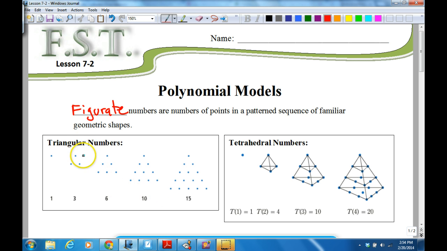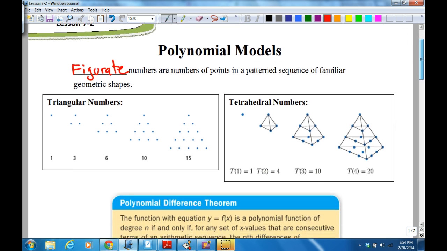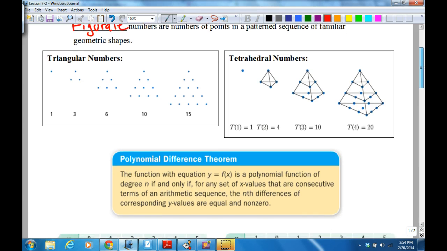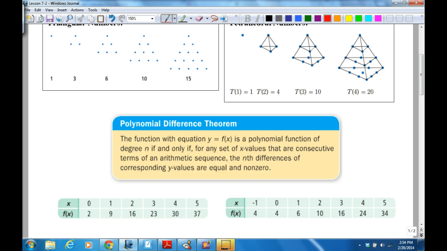Triangle. Thus they're called triangular numbers. Okay, this one is tetrahedral because it has 4. It's like a pyramid with a triangle base. All right, so the reason why we're looking at these is this is what our lesson's based on.